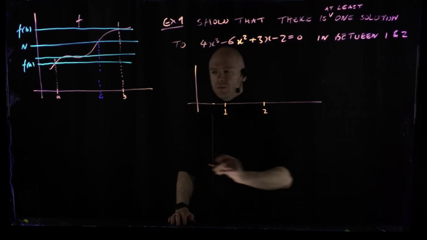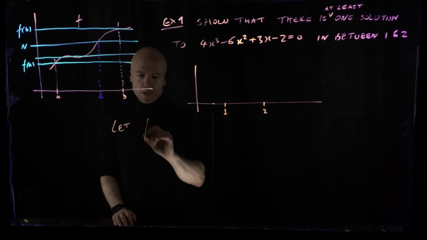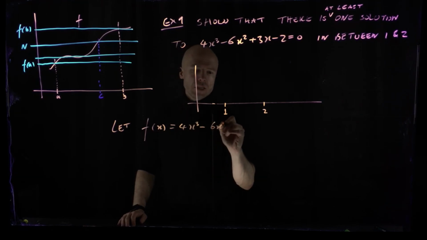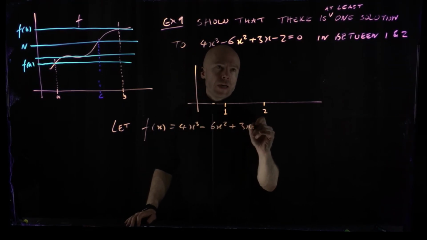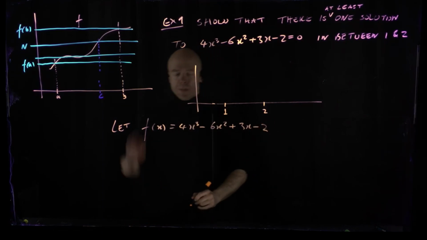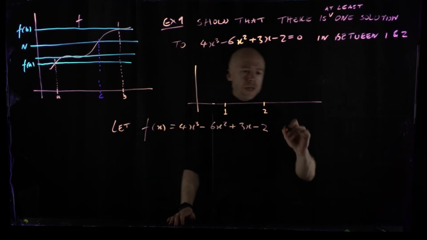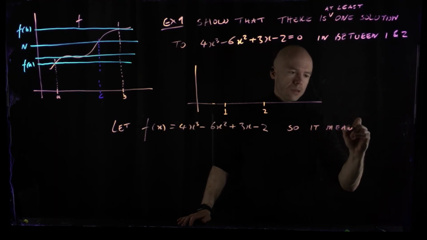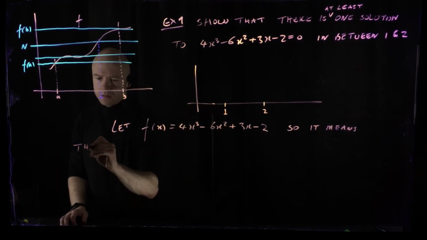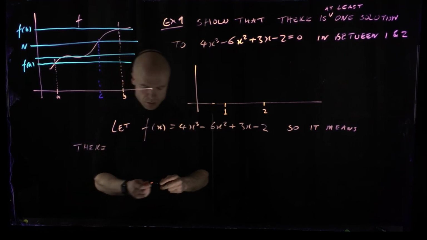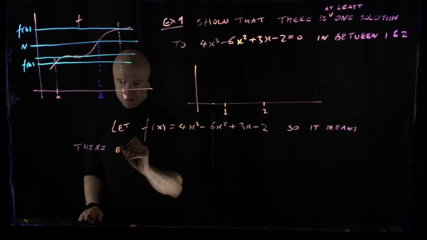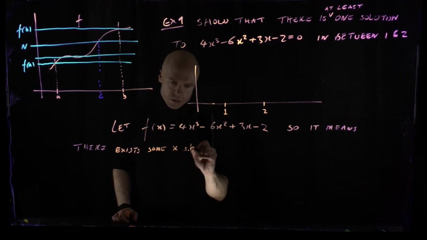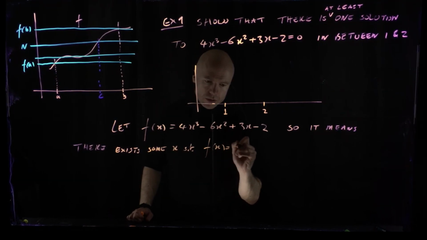It means that this function, so if we let f of x be 4x^3 minus 6x^2 plus 3x minus 2, it means that there exists some x such that f of x is equal to 0, right?